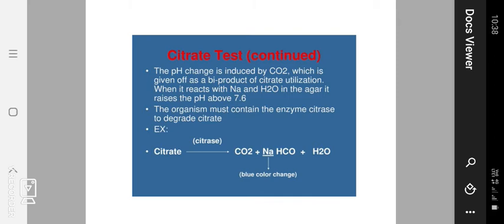When it reacts with sodium and H2O in the agar, it raises the pH above 7.6. The organism must contain the enzyme citrase to degrade citrate. The reaction gives carbon dioxide, NaHCO3 and water. So the color will change to blue.